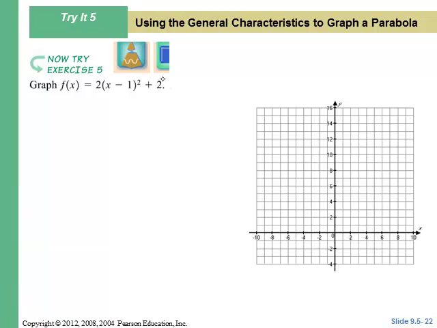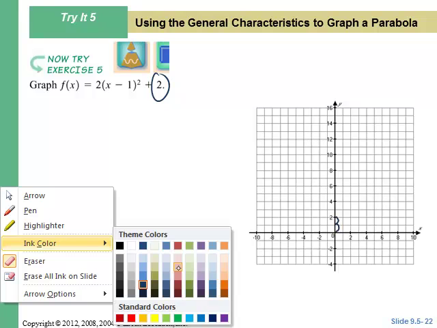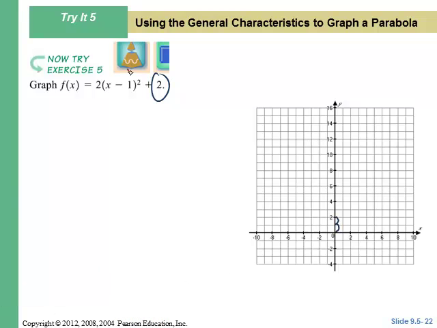Okay, this 2 tells us that we go up 2. I'm getting the colors so that you can see how things are related. This 1 tells us that we go forward 1. When it's negative, we go forward. So that's where our vertex is.